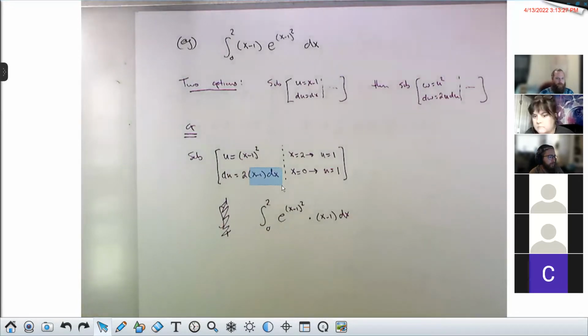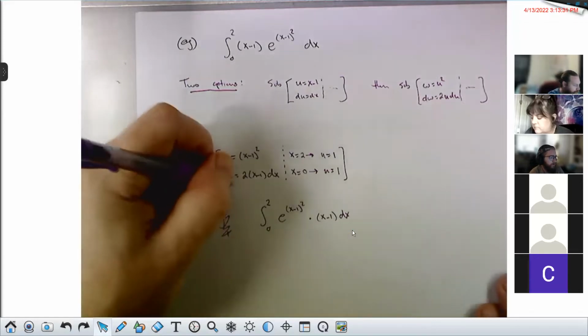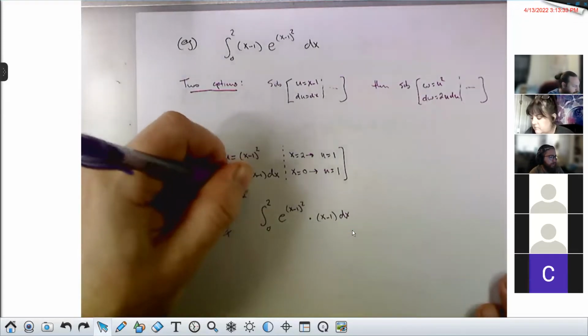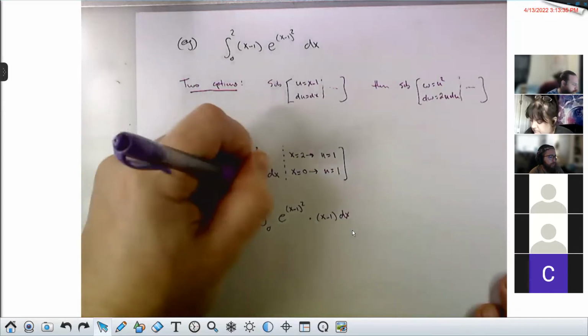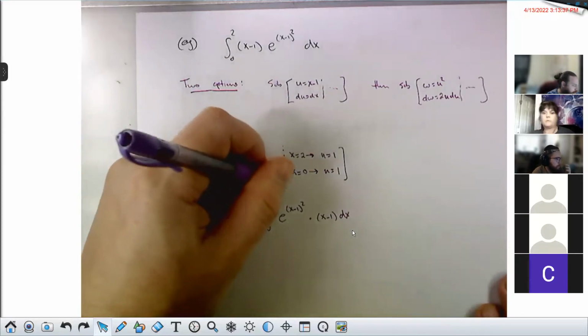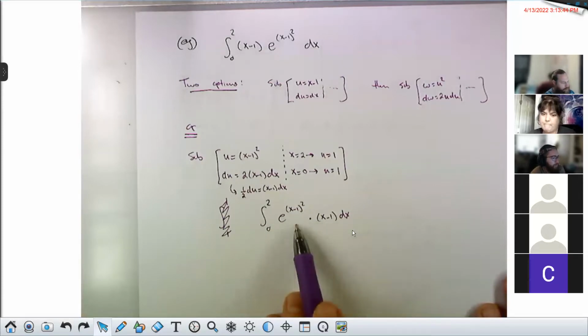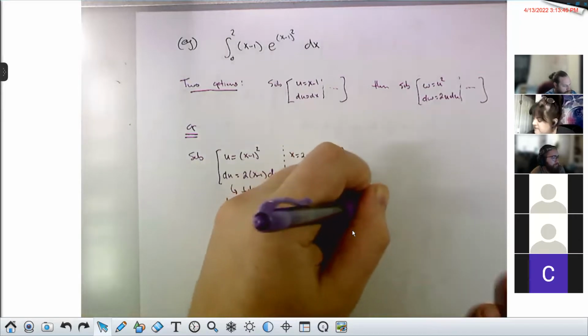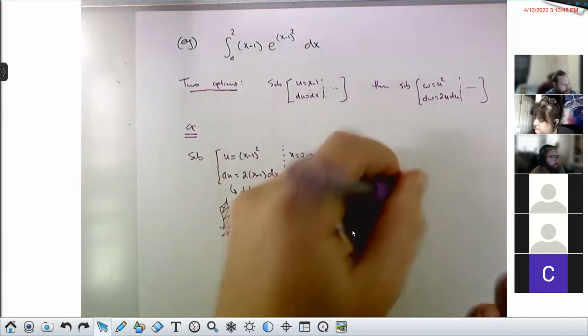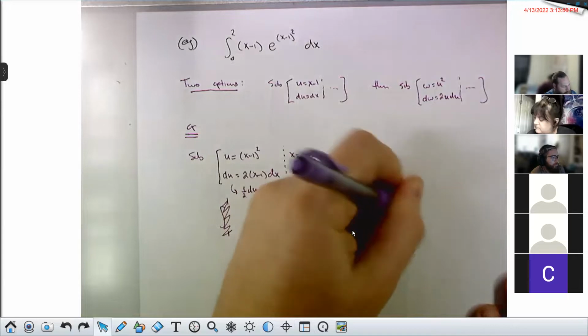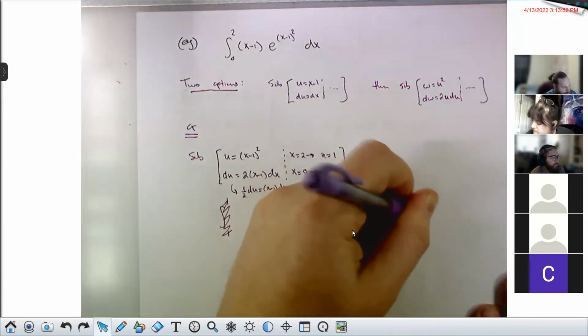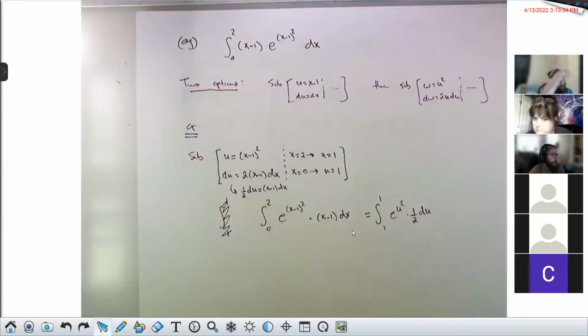So this x minus 1 dx, I can think of as this x minus 1 dx. So 1/2 du is x minus 1 dx. So this piece will become 1/2 du, and this will be e to the u squared. So I would have the integral from 1 to 1, e to the u squared times 1/2 du.